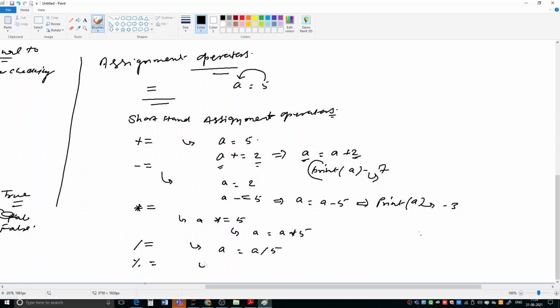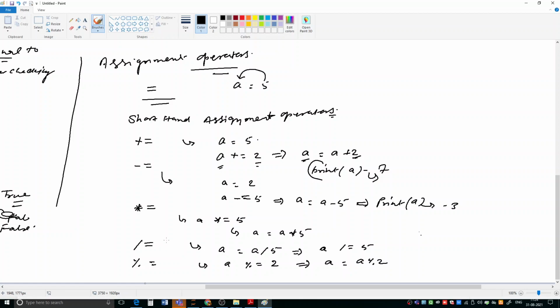Then we can have the modulus one. You can use it like this: a percentage equal to, suppose 2, which means that a equal to a percentage 2.